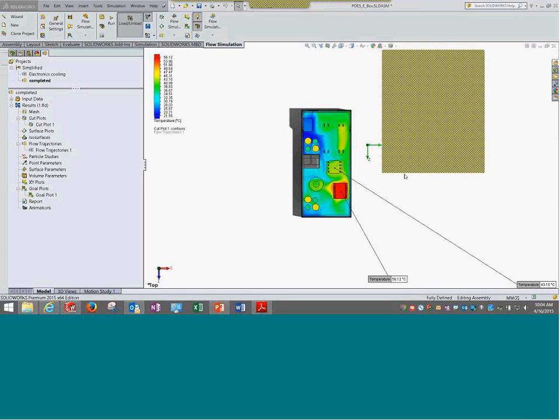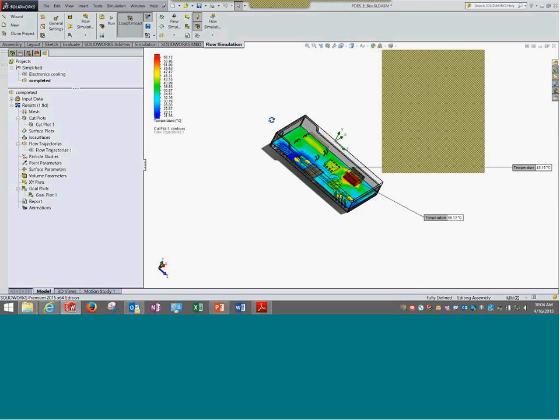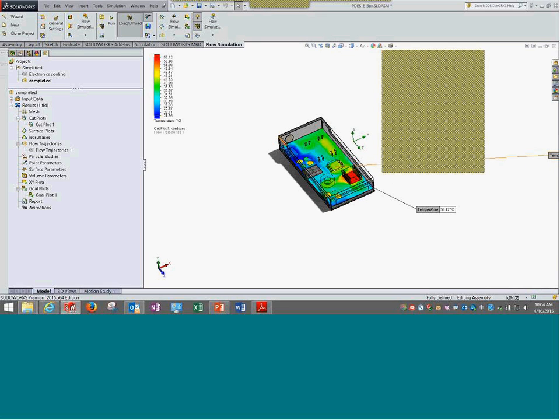Then like this, assume that I don't have this fan. Get rid of this fan. I only have an inlet and an outlet. Assuming I have a pressure drop from the inlet to outlet, what is the volume flow rate that comes?